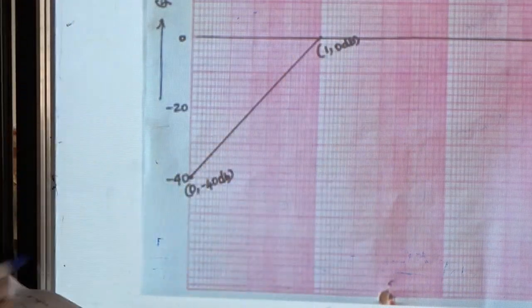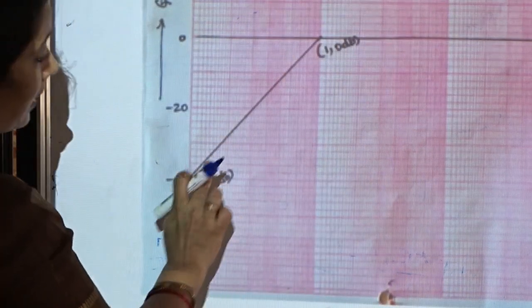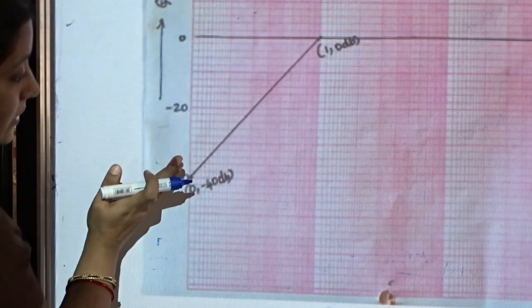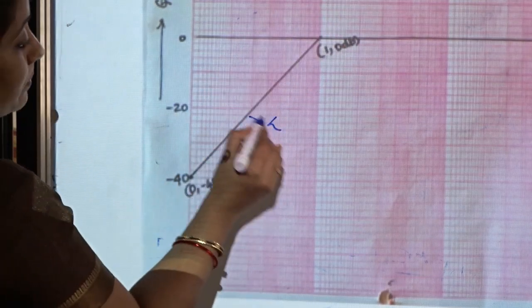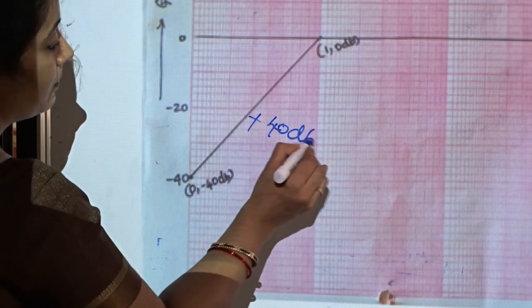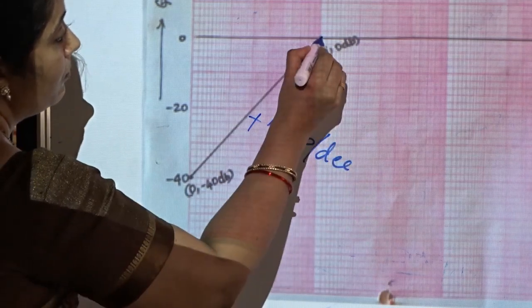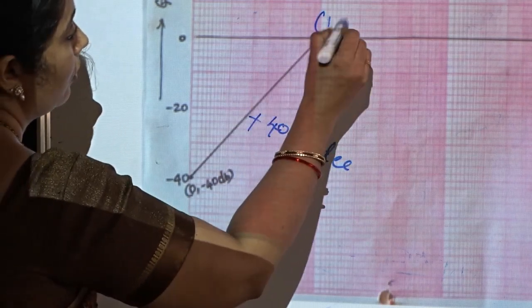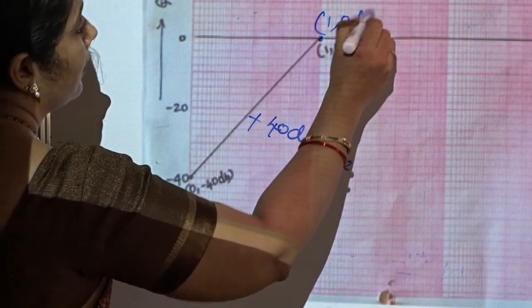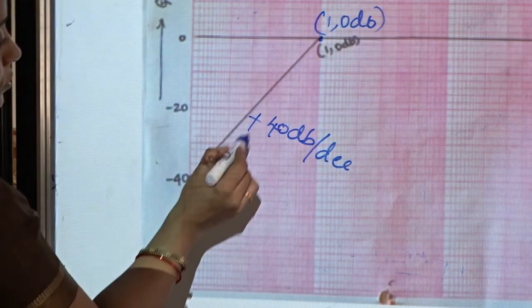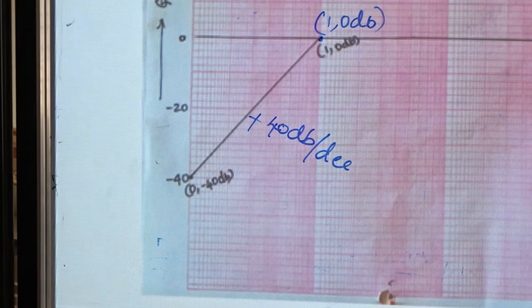First coordinate will be 0.1, minus 40 dB. If this line has to have a plus 40 dB per decade slope, mark a point here. This will be 1, 0 dB. When you join these two, you get a slope of plus 40 dB per decade. Now, what is the next corner? Can I stop here?